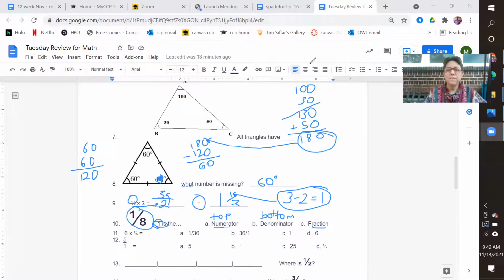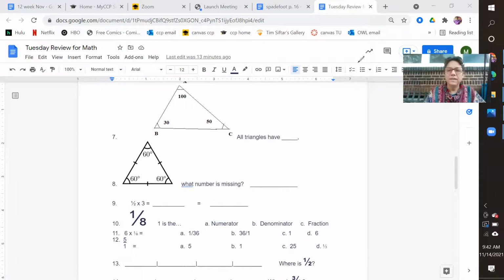Let me clear this all so you can see it better. All right. Next one is 6 times 1/6. We're doing the same thing that we did in number 9. 6 times the numerator. So 6 times 1 is 6. And then the denominator doesn't change. So it's 6 6. But is that one of the answers?